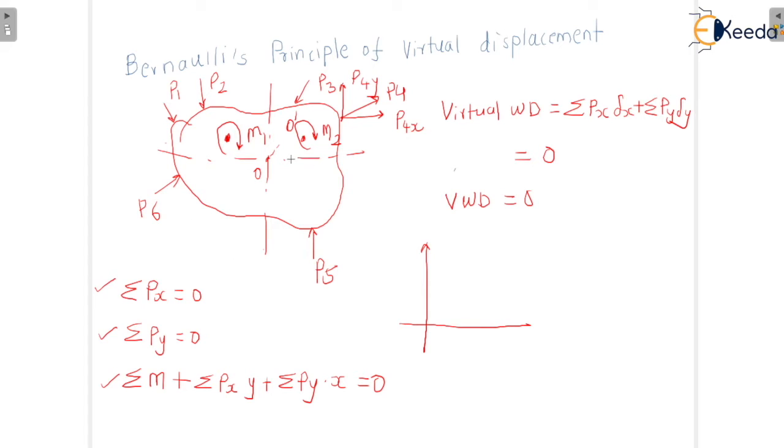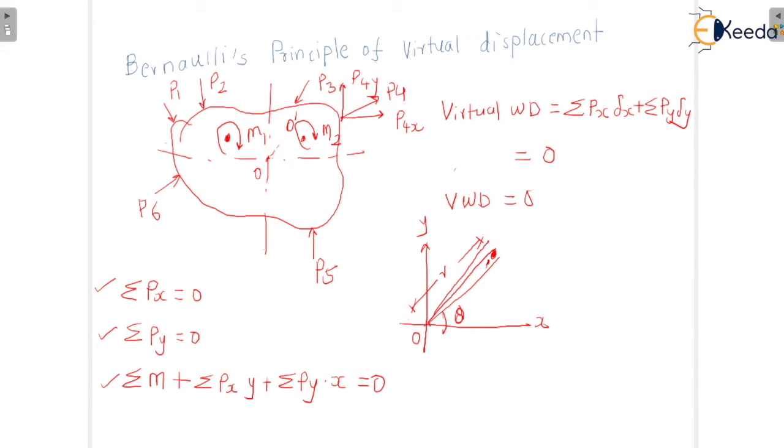For this body, we are considering a point and a small virtual rotation d theta. This is the x-axis, this is the y-axis, this is our angle theta, and this is our origin.